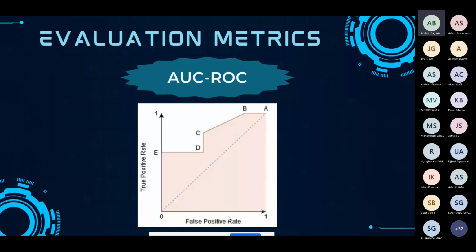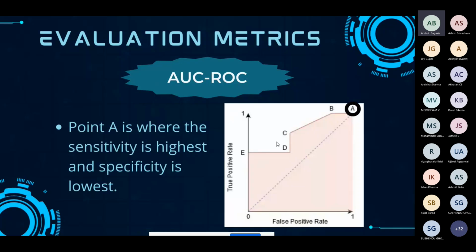I'll repeat. If we are moving further towards the right on the X axis, it means we are decreasing the specificity. And if we move further up on the Y axis, we are increasing the sensitivity. See, point A. Point A is where the sensitivity is highest and specificity is lowest, as I told earlier.